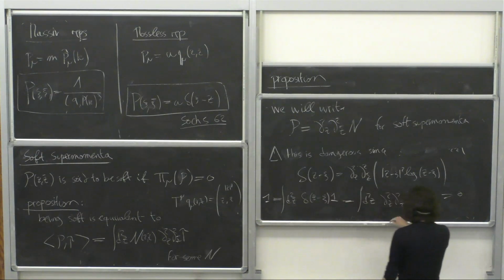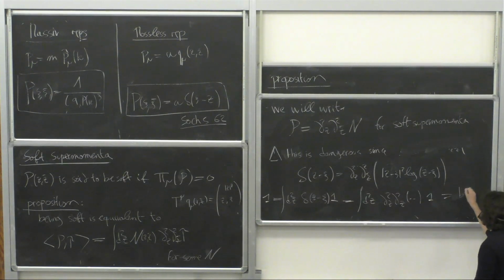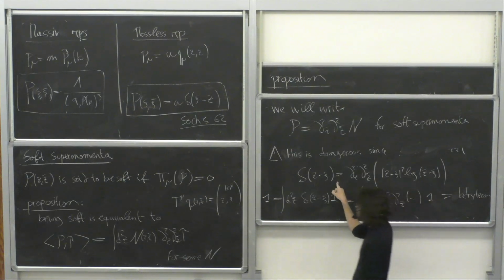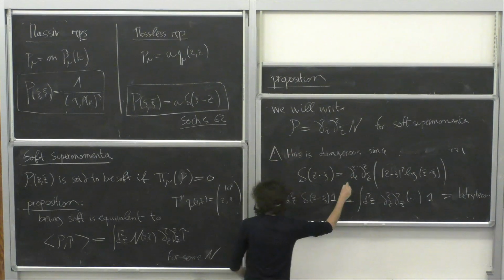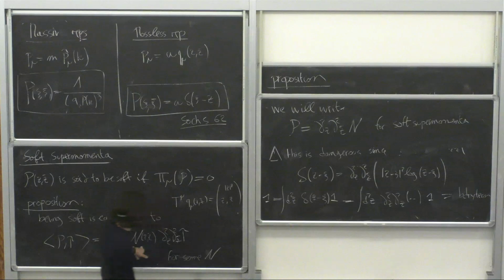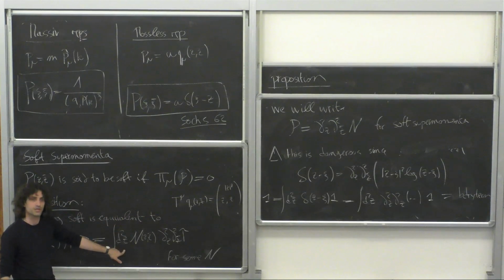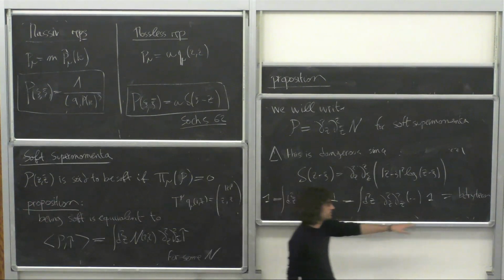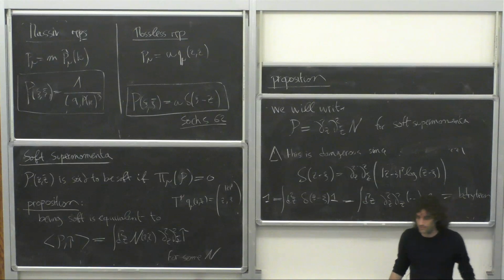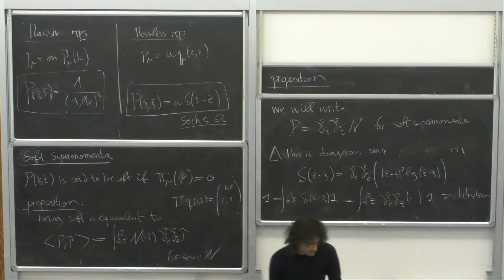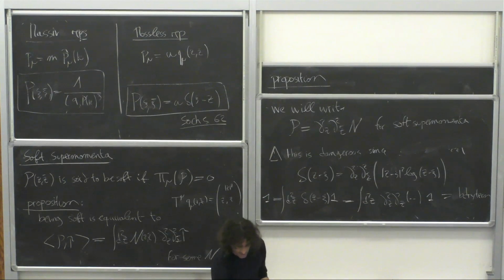So the right thing is you integrate by parts and you have a boundary term. So this is correct, but it doesn't mean that the delta function is soft. It doesn't mean that the delta function is a distribution like this. That's what it means, because there is a boundary term at z equal infinity.